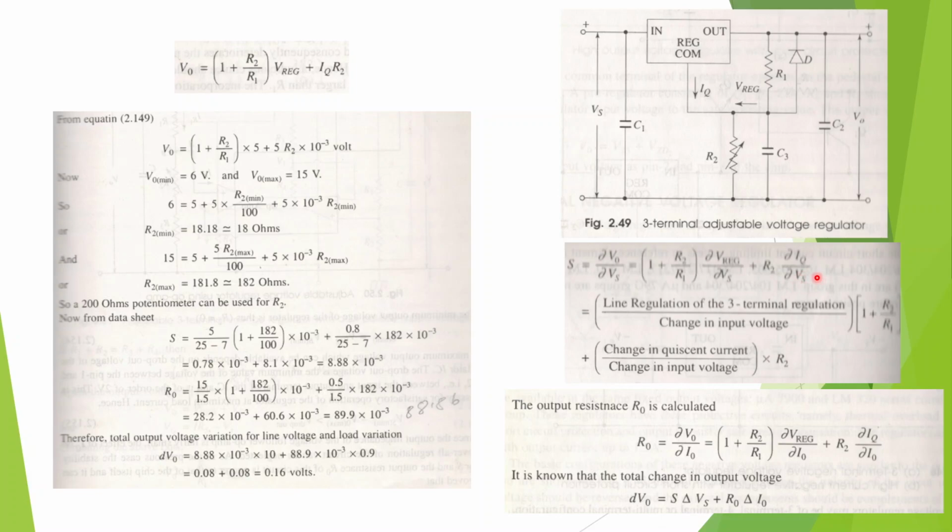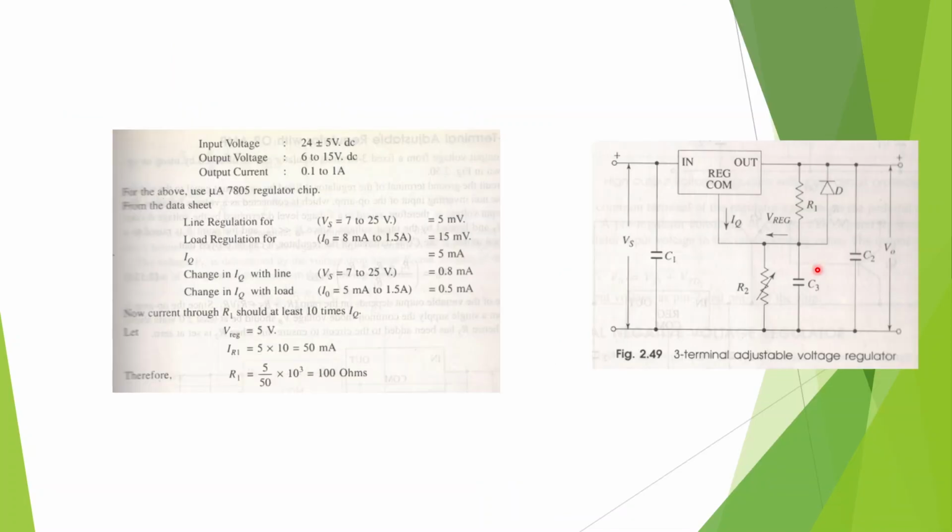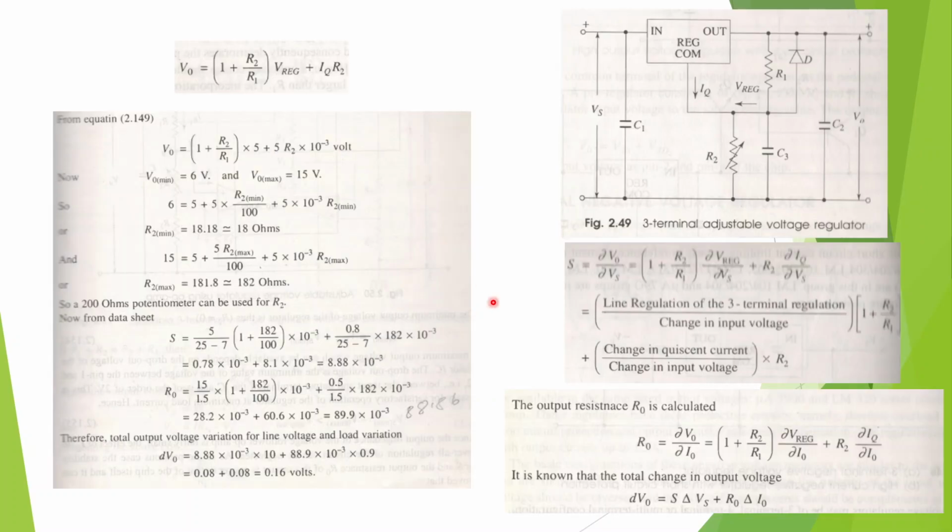And here you have the change in IQ and the change in input voltage. This input voltage is the same as this, 25 by 7, and change in IQ, this also we get from the data sheet, is 0.8 milliampere. So these values are put in this equation and we simplify and we get this value, 8.88 into 10 raised to minus 3.